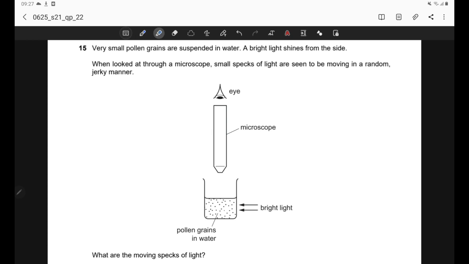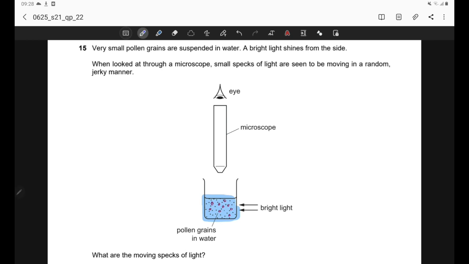So in a container we have taken water and very small pollen grains are suspended in water. When we are looking through the microscope, we can see these pollen grains. Pollen grains we can see because their size is comparatively greater than the molecules of water. But molecules of water we cannot see even through the microscope because they are such small particles.